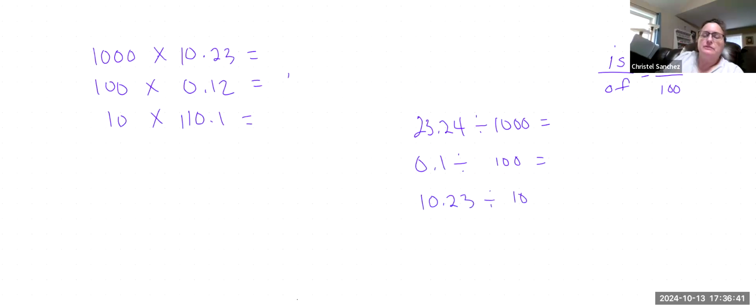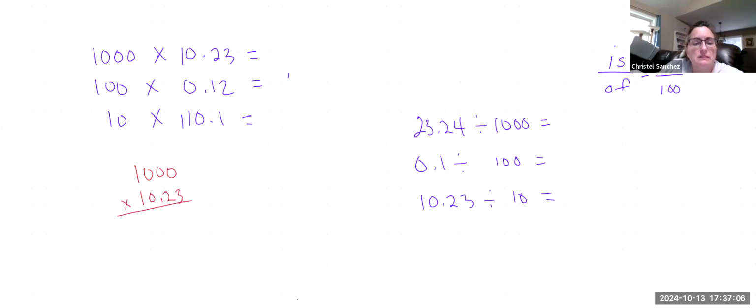All right, so let's talk about how to do this easy in your head, versus having to do the long division. So when we say 1,000 times 10.23, you would have to multiply 1,000 times 10.23, so it's going to be a lot of multiplying and adding, okay?